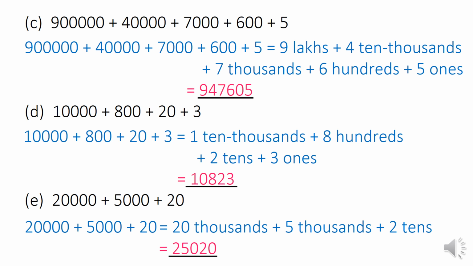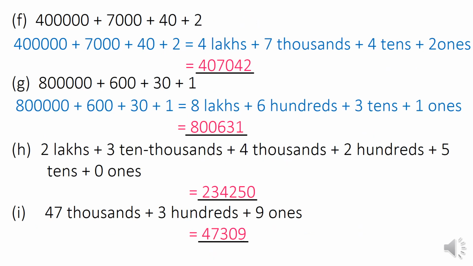In this question, no number is given in thousands place. So write 0 in thousands place. So the short form of 10,000 plus 800 plus 20 plus 3 is equal to 10,823. For completing, some questions are remaining. Do all the remaining questions as homework.